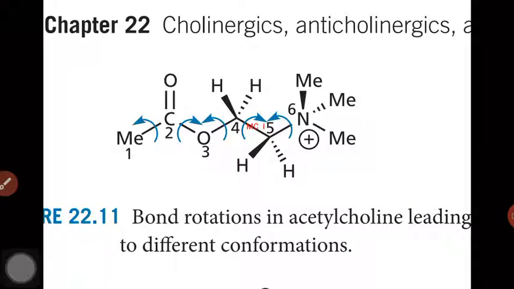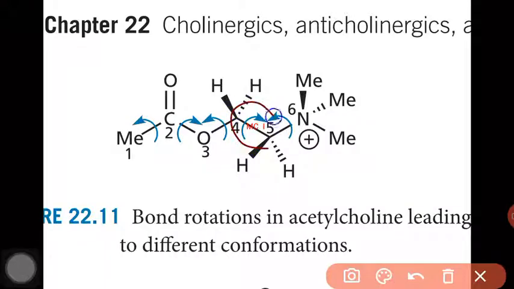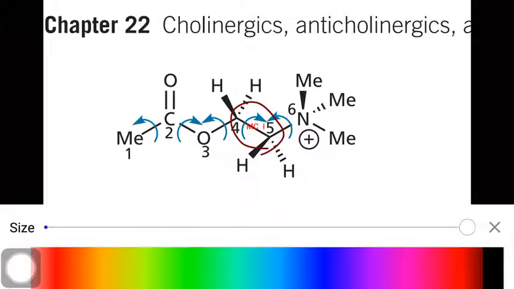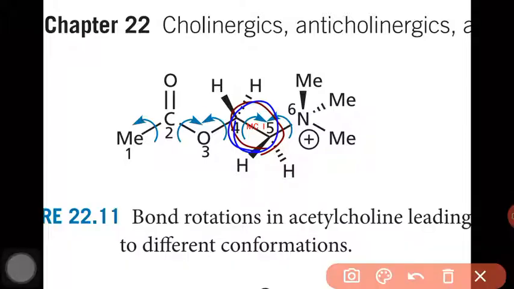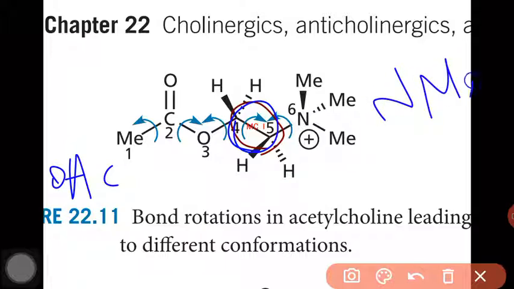Now we have to look at this point, 5th and 4th position we have to locate, and that we shall see in the next one, how this is projected. So, according to this one, this OAC is below and NMe3 is above.